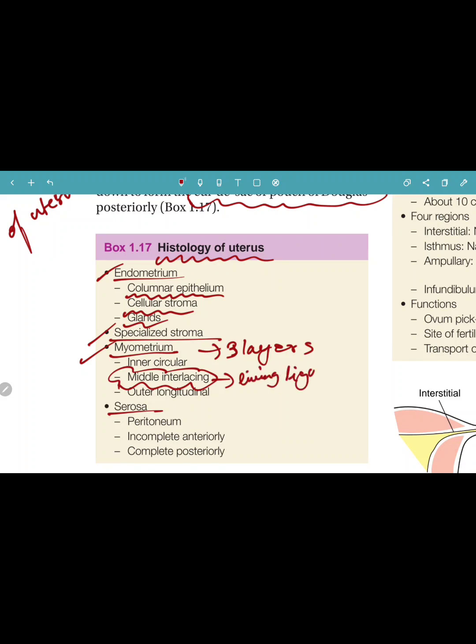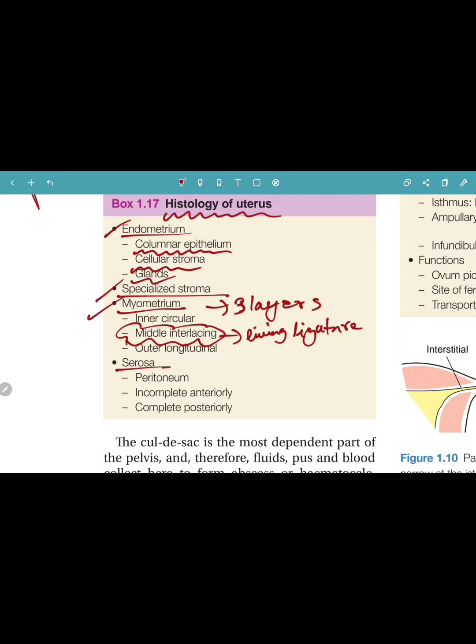I hope you guys now understand the meaning of living ligature. Inner circular, middle interlacing, and outer longitudinal. And serosa. Among serosa, peritoneum, incomplete anteriorly and complete posteriorly.